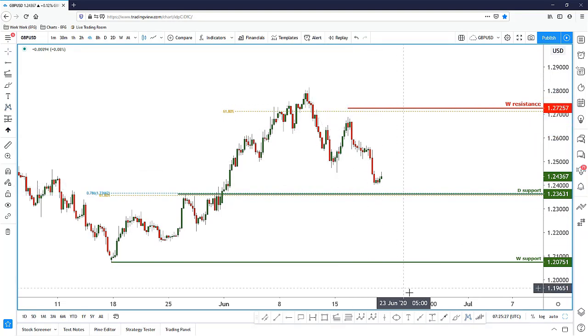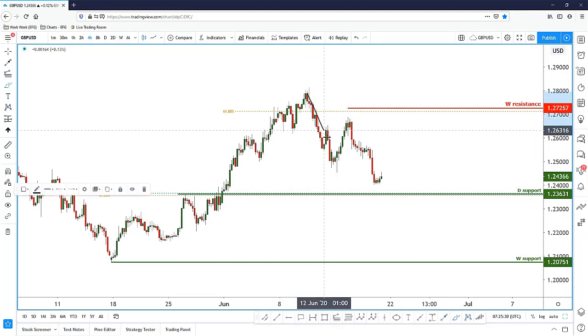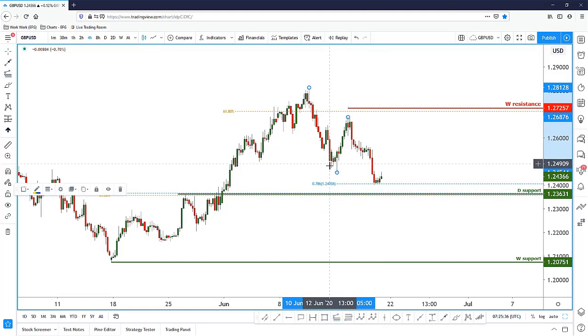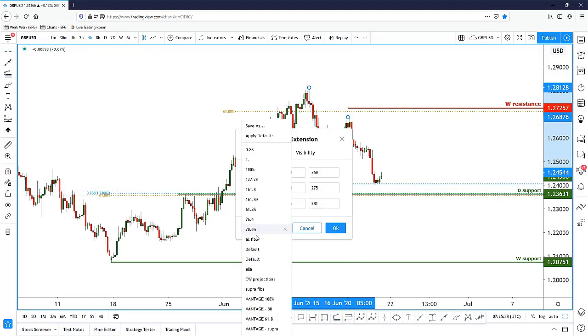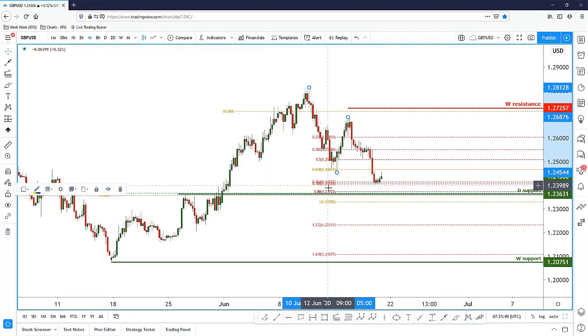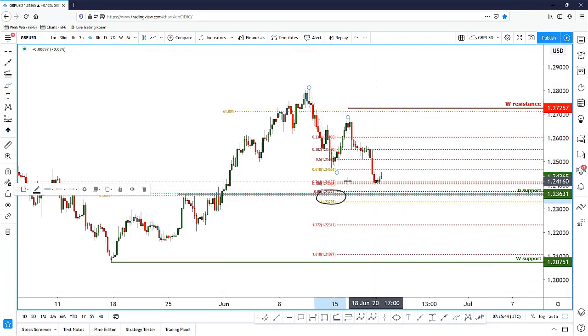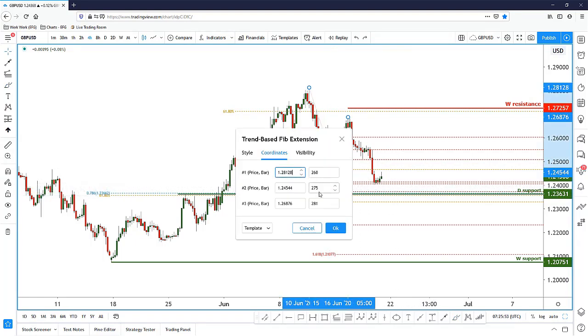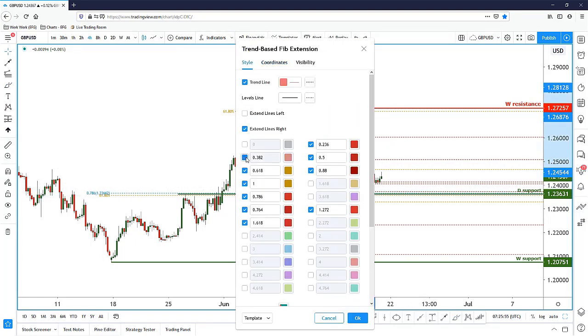So let's use Fibonacci extension to see whether any other levels line up. We see that price, the 88 actually lines up with the daily support, but interestingly, 78.6 also is where price is reacting right now. So let me just highlight those two levels, 78.6 and the 88.